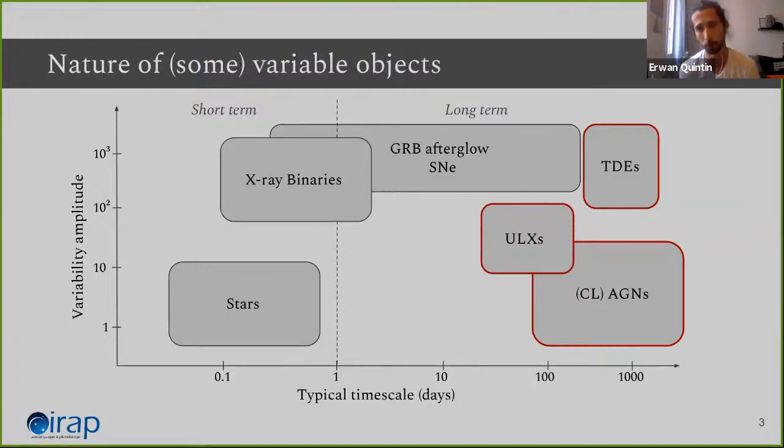But there is also long-term variability, with typical timescales over a day, and those require at least 2 observations to detect variability. So we have gamma ray burst afterglows, supernovae, and I'm particularly interested in the 3 types of objects on the right. Those are tidal disruption events, when a star gets disrupted by the tidal forces around a black hole. Those are extremely rare, and we only know a handful of them in X-rays. We also have ULXs, ultraluminous X-ray sources.